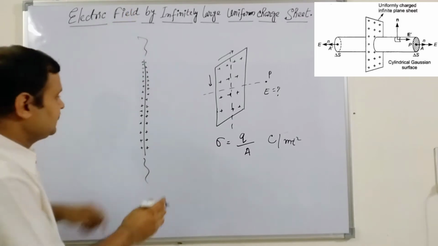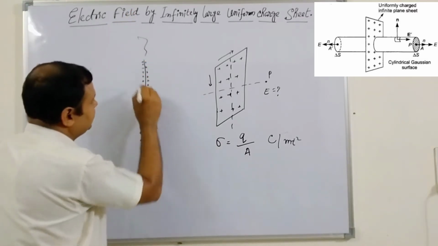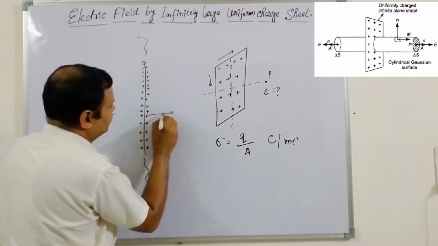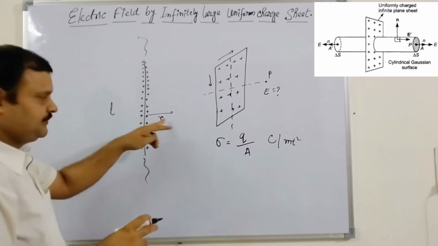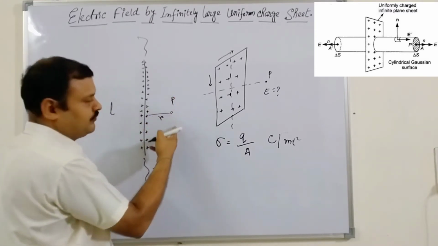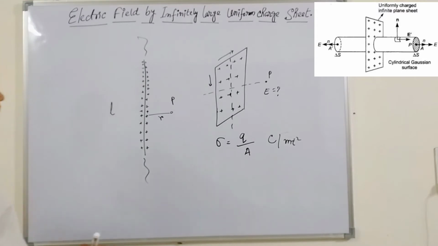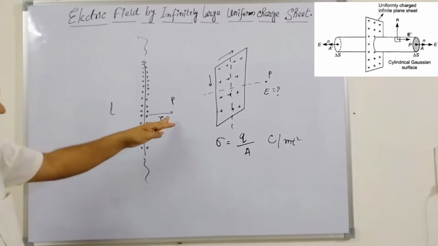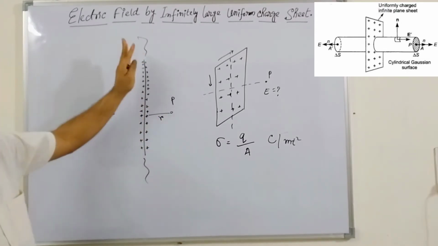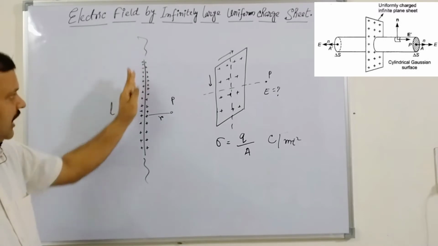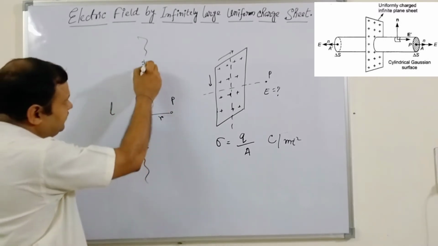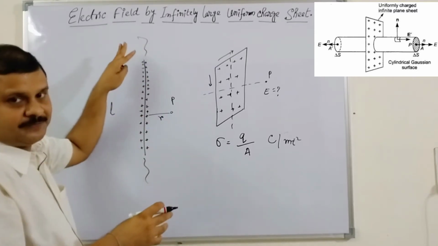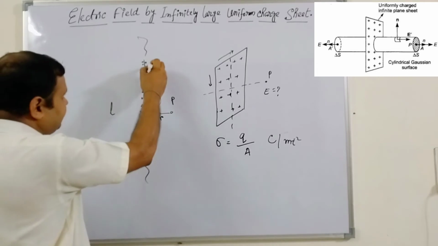It could be long, and suppose this is a length, and a point is considered at a distance R, point P, and we need to find the electrical effect over here. Now look, we cannot apply Coulomb law directly because this is a continuously charged element. The distance from this point keeps varying.